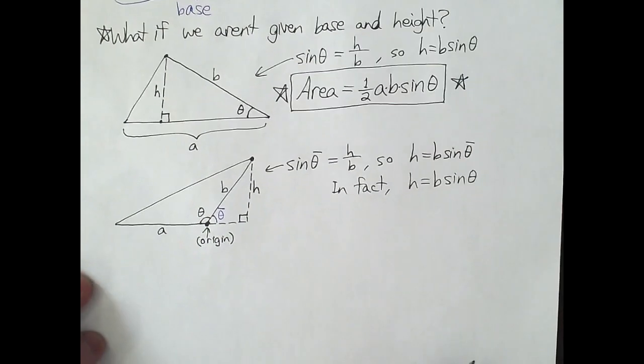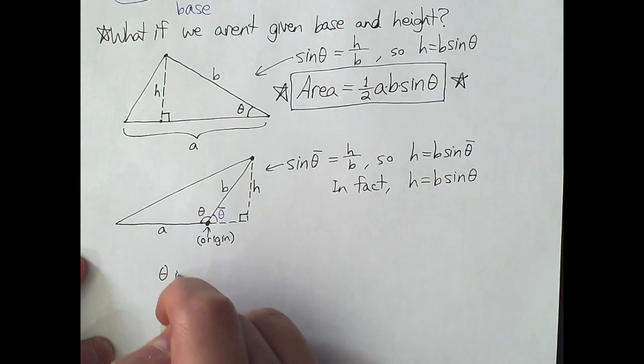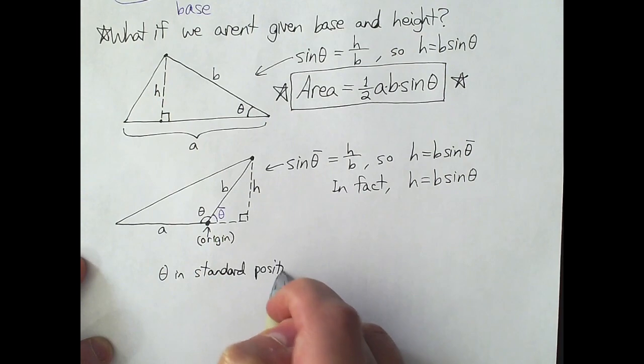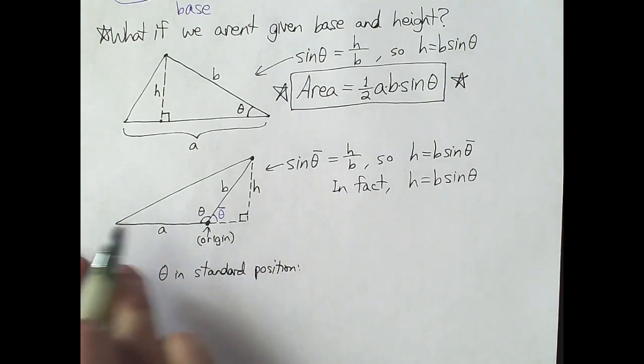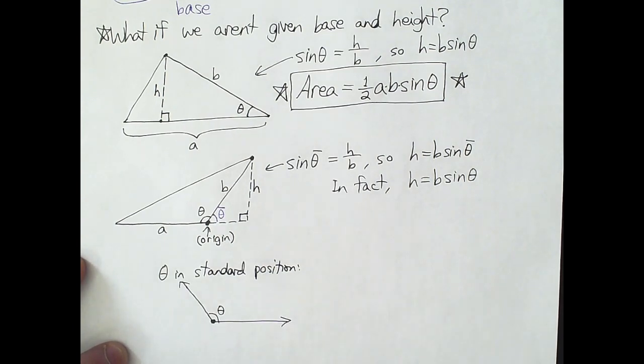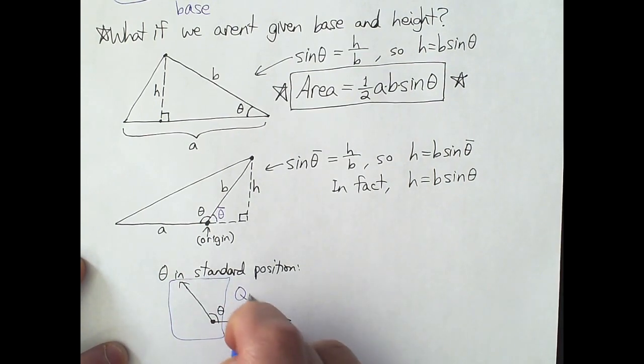I guess maybe that's what's bugging me. We would flip this picture around, but theta in standard position would go, here's the origin, and maybe it goes like this. My point is that this is in quadrant 2, right?